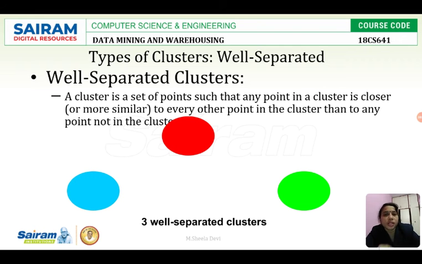It consists of a set of points or set of objects. So the points or the objects in the same cluster will be closer, but the points or the objects in the different cluster will be farther. That is called well separated clusters.